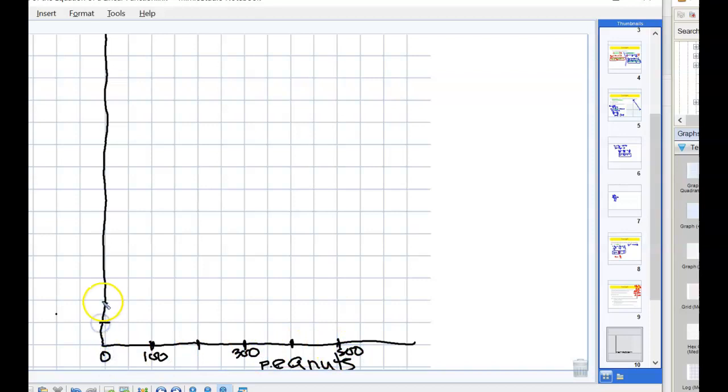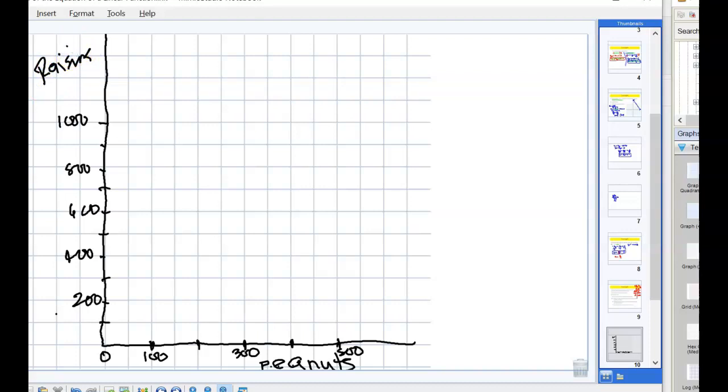Zero and 1, 2, 3, 4, 5, 6, 7, 8, 9, 10. This is 1,000. This would be 800, 600, 400, 200, and this was our raisins.